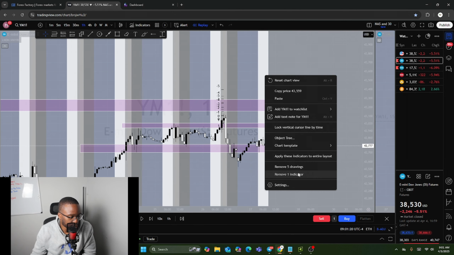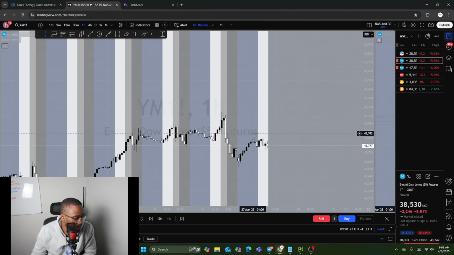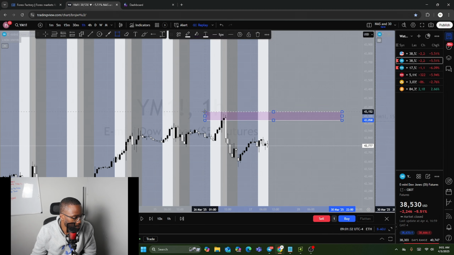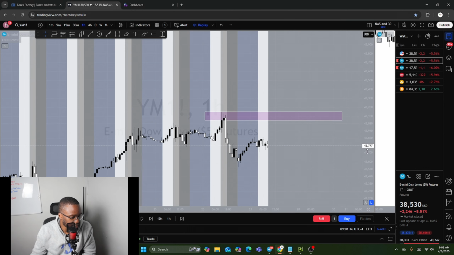Let's redo all the chart markups again. Damn. I'm trying to look for an area.